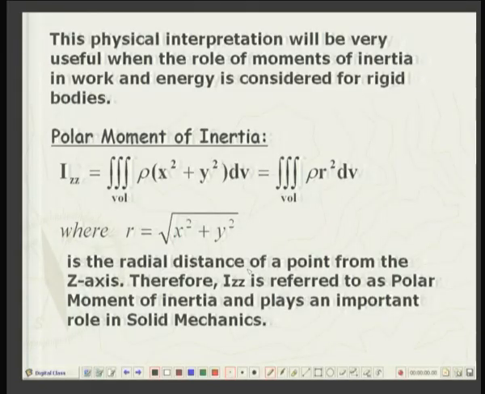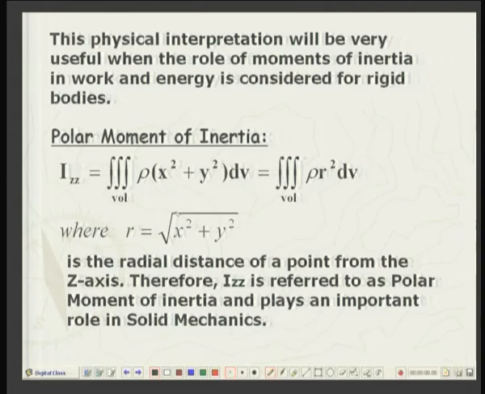Now, we can also have polar mass moment of inertia. I am not carrying the term mass again and again, it is understood, because we are talking about mass moment of inertia. That is, suppose I want to find out Izz, that will be the volume integral of rho times x square plus y square, and x square plus y square will be the radial distance of the element from the z axis.